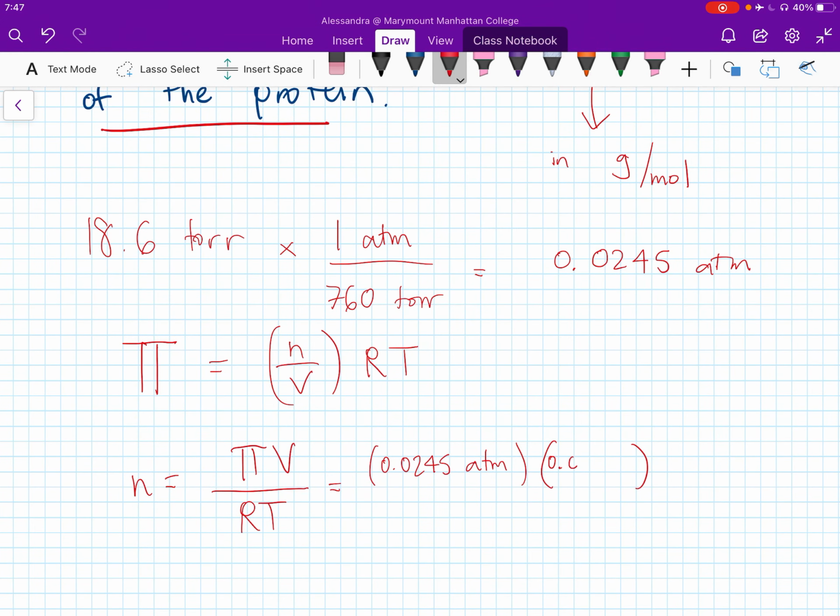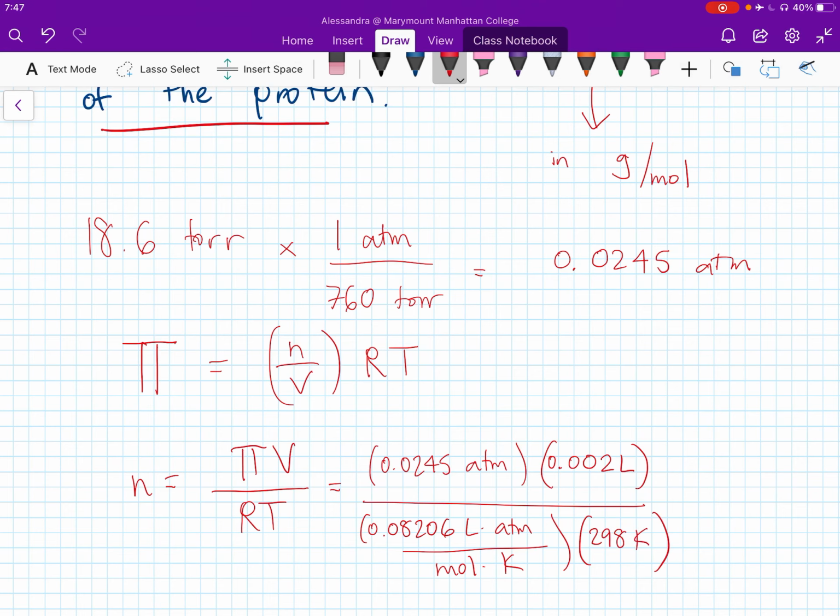So 2 milliliters is 0.002 liters, and that's going to be over R, 0.08206 liter atmospheres per mole Kelvin, times T, and T is 25 degrees Celsius, so that's 298 Kelvin.